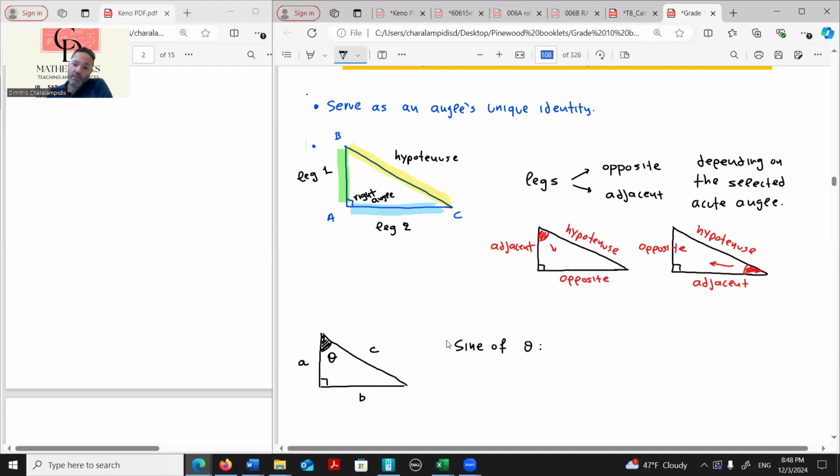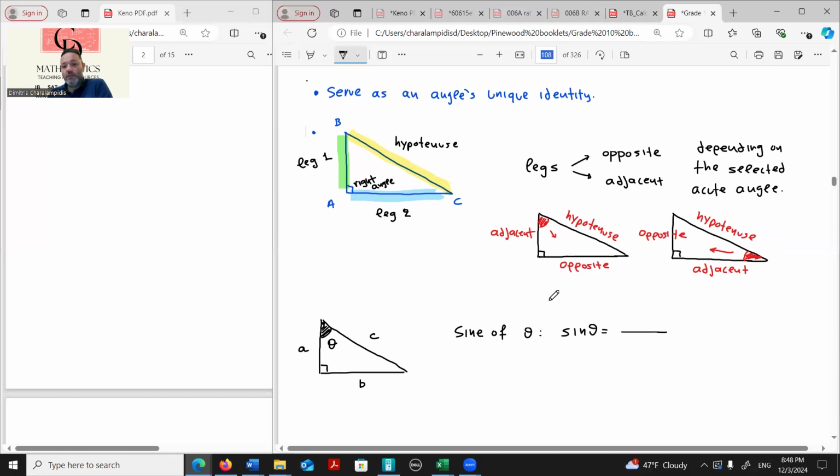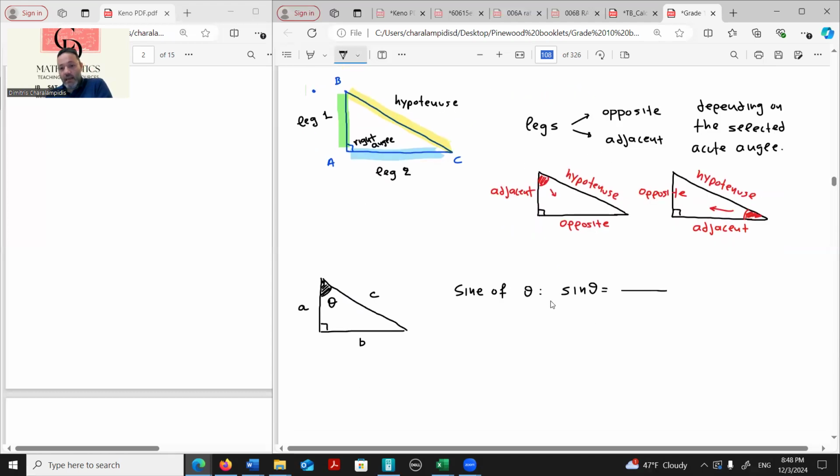The sine of theta, which is also expressed in math language as sin of theta, is the quotient of the length of the opposite leg over the length of the hypotenuse.